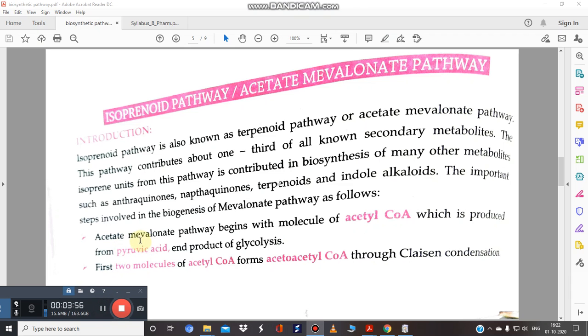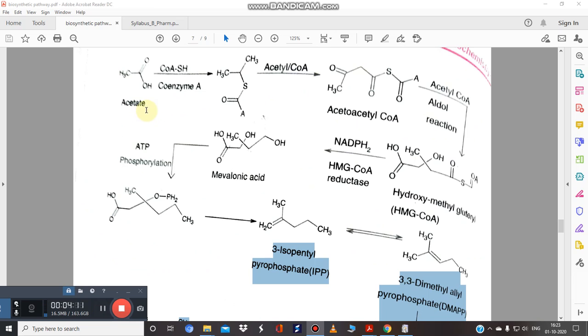Again, I am repeating the first step. It starts with the molecule acetyl coenzyme A, and two molecules of acetyl coenzyme A form acetoacetyl coenzyme A through this Claisen condensation. Just see here, this is the acetate, then this is acetyl coenzyme A, and here again acetyl coenzyme A is there, so it will form acetoacetyl coenzyme A. So this is our first reaction.